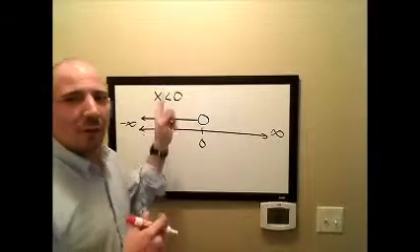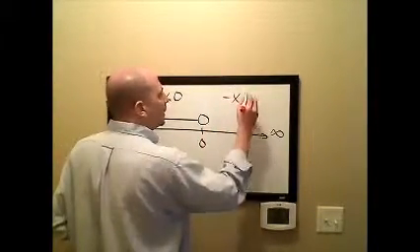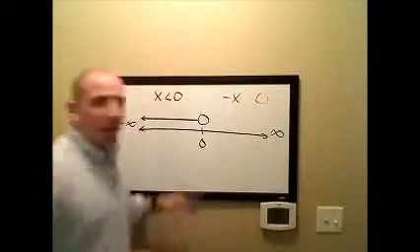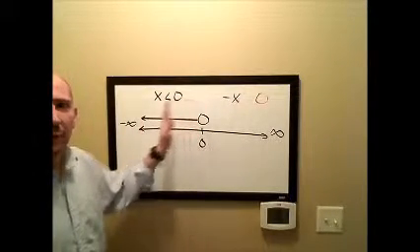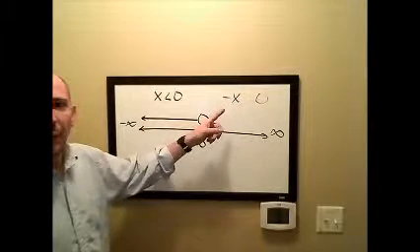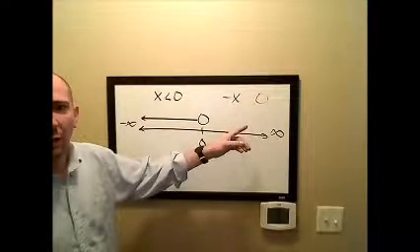So negative 1 times x is negative x. And here's 0. Now look, this over here is x. These are all the x. It's less than 0. Now, I want the opposite of that. The opposite of that is everything that's over there.